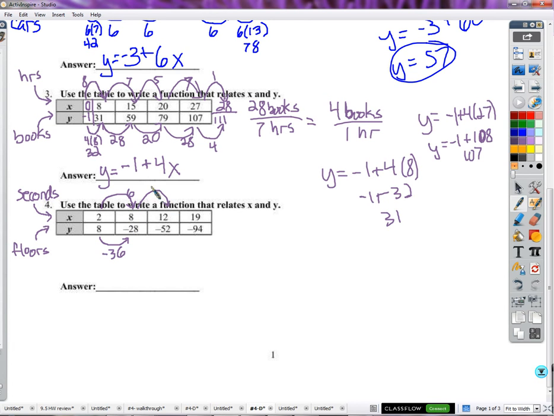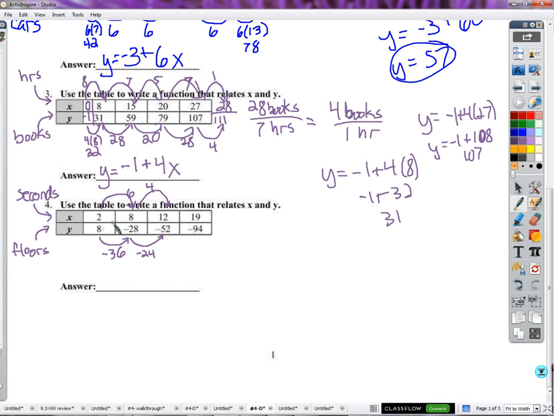And what happens now? 4 seconds later, I am at the -52nd floor. So that means I've gone down another, let's see, another 24 floors down into the earth. And this pattern keeps continuing.